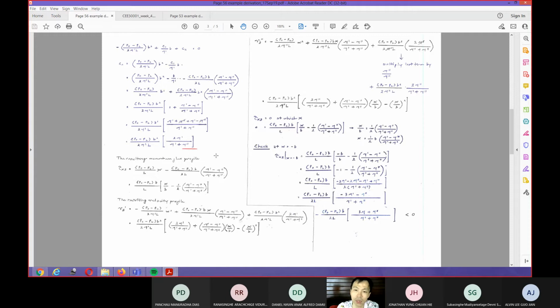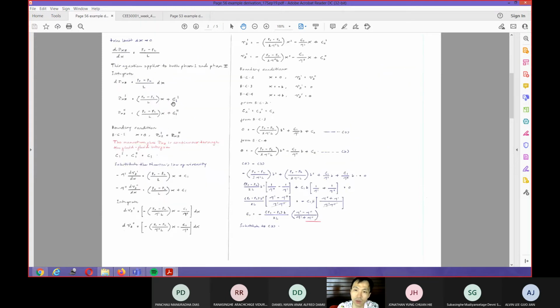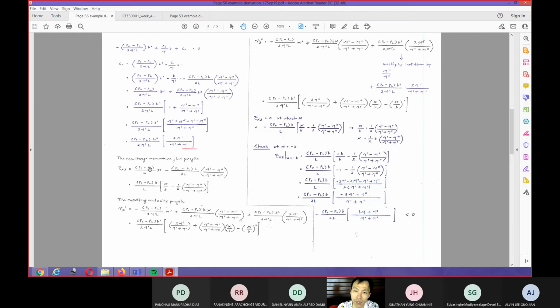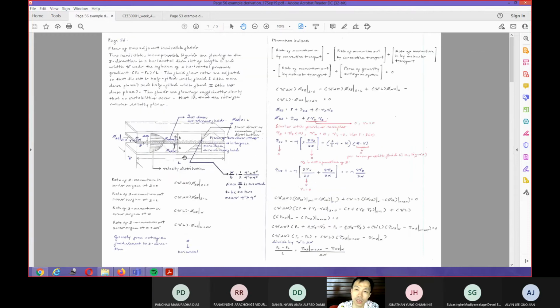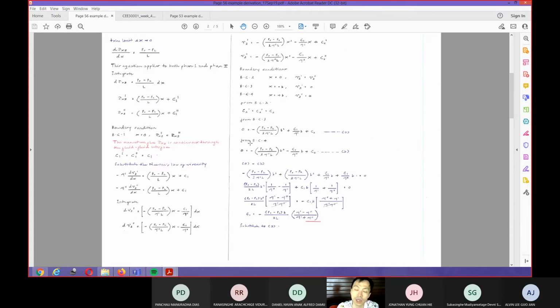Then you can put your C1 into your shear stress, basically. So you only have one momentum flux profile, and this momentum flux profile basically will cover the whole shear stress from the top to the bottom, so from x equals minus b to x equals b. Okay, so this we know after we solve the boundary conditions, basically.